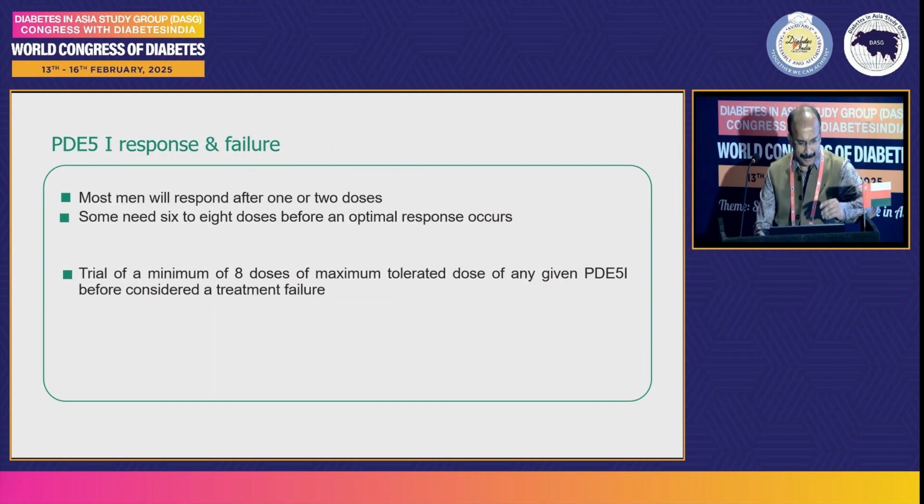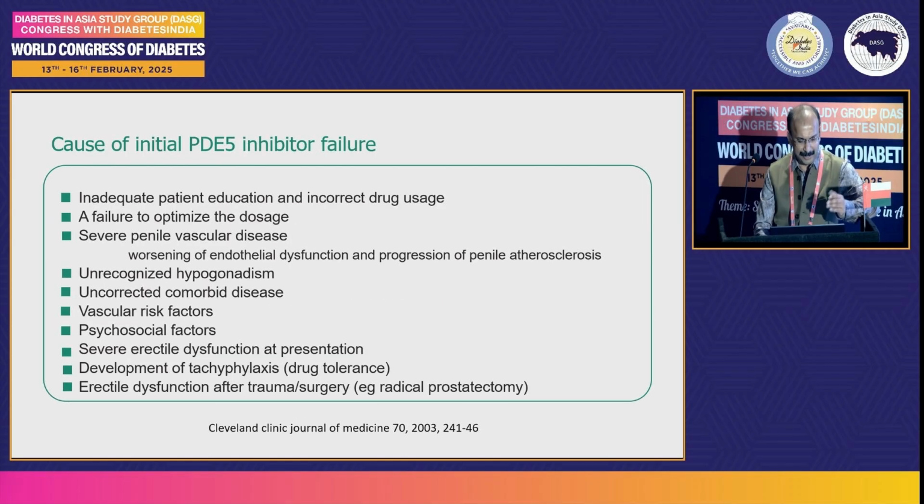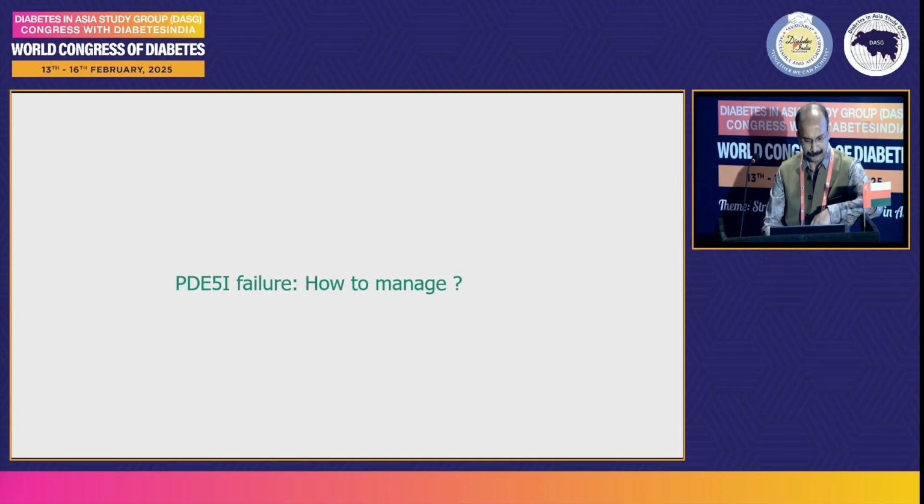And to diagnose failure of PDE5 inhibitor, patient has to receive minimum 8 doses of maximum tolerated dose of PDE5 inhibitor. And the common causes are inadequate patient education and incorrect usage of the drug, failure to optimize the dosage, and progression of the underlying disease pathology, or associated risk factors like endocrine abnormalities or psychological factors.